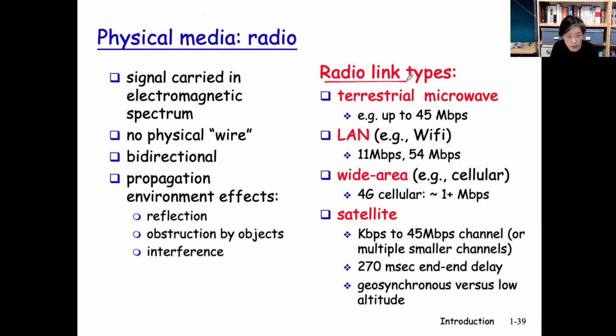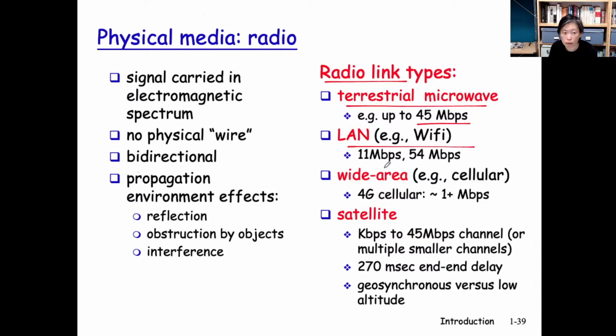This one is very special. It is in fact the one that's used by all wireless network access technologies. So what's listed here are just a few examples. Terrestrial microwave operating at about 45 megabits per second maximum.